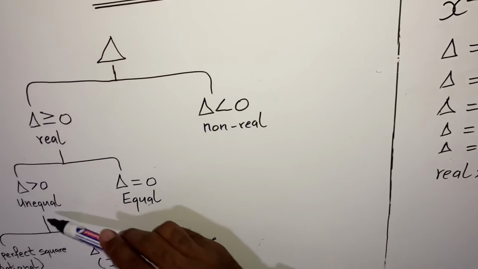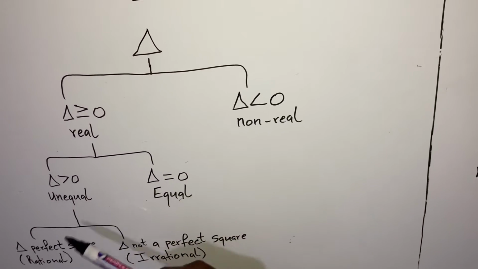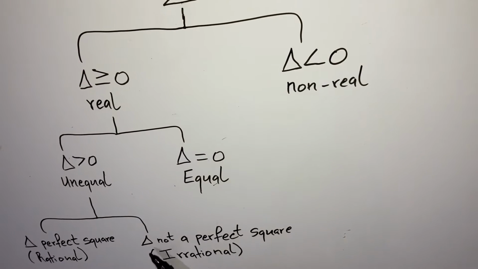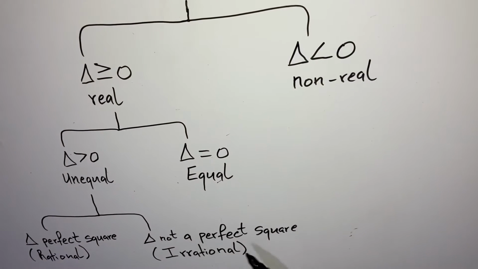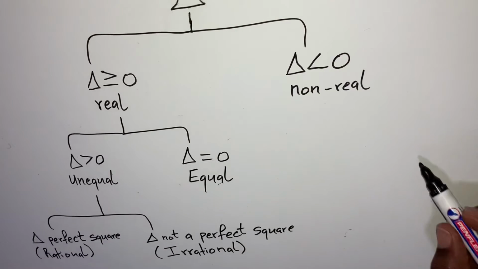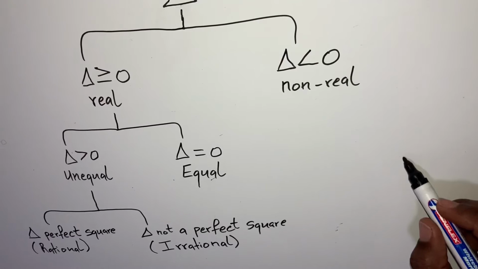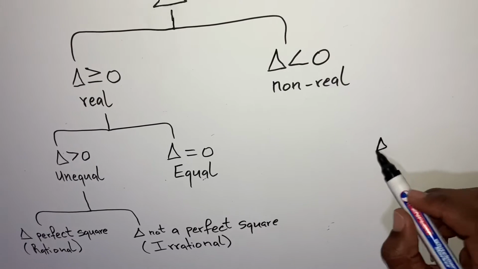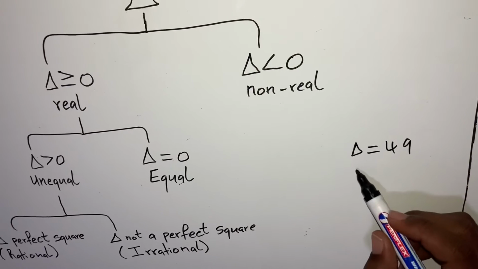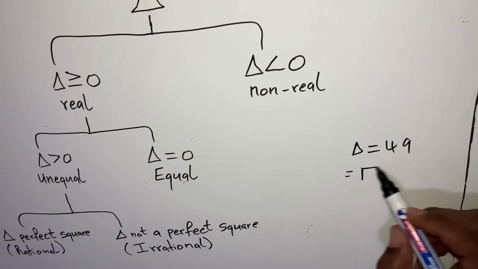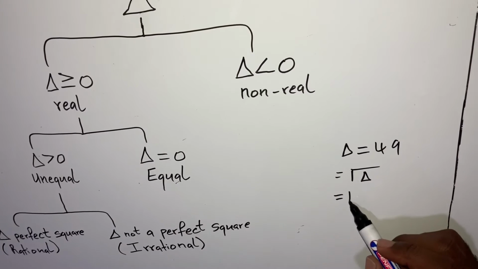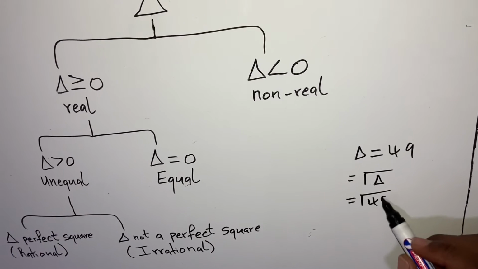Then, lastly, under unequal, it's either you'll have delta being a perfect square or you'll have a delta not a perfect square. So we go on to check that my delta, I got my delta being a 49. Then I take my delta under the root, which is now my delta, it's a 49.